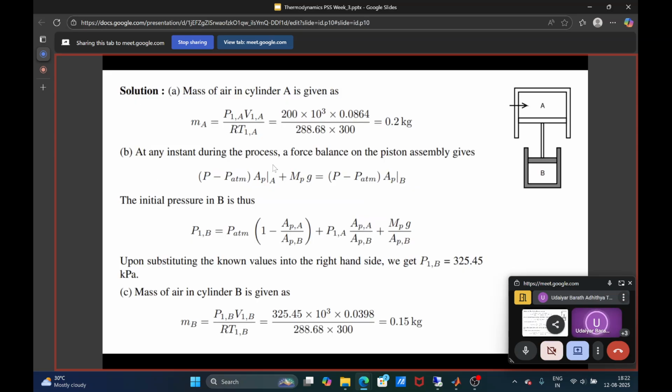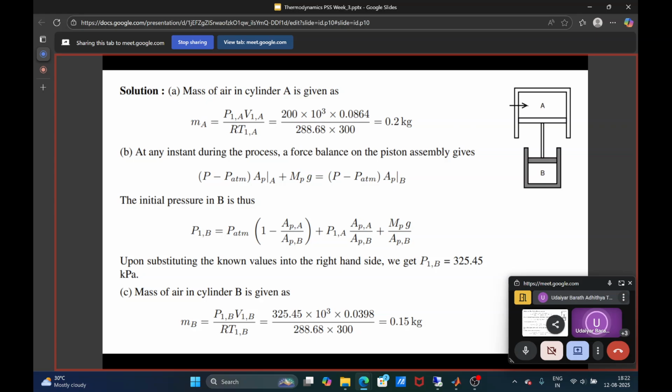The first one is we need to find out the mass of air in cylinder A. Air we can assume to be an ideal gas, so we can use the ideal gas equation, PV equals mRT, and from there we can find out m.